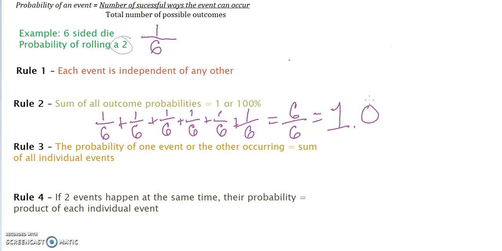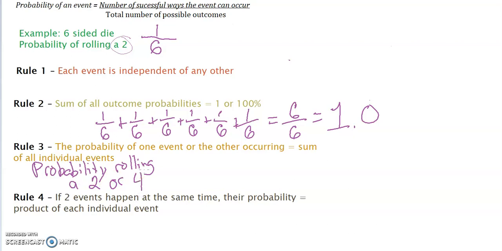If we want to think about multiple different options of that event, we can add them all together. Let's do an example. What is our probability of rolling a 2 or a 4?